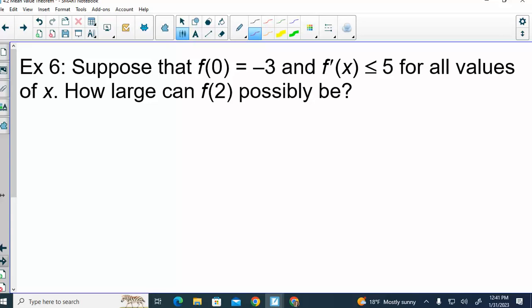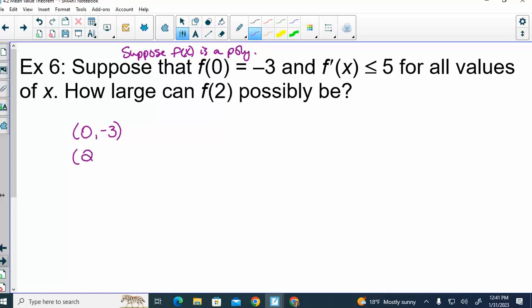Let's see. I'm going to add something. Suppose f of x is a polynomial. Because we know if my requirements aren't met, we can't say anything. Okay, so 0, negative 3 is like an interval.